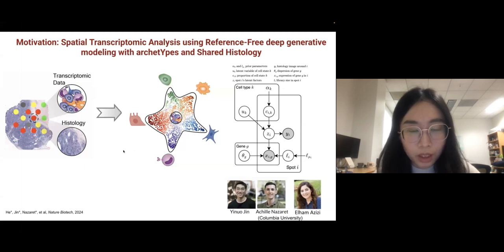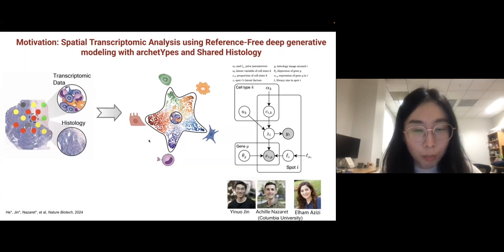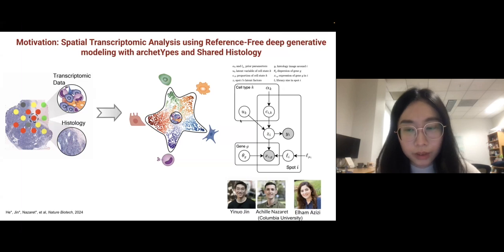This is related to integrating transcriptomic data and histology, and we use that integration to decompose cell types at the spot level of the Visium data. So this is very powerful, but I would say we are only able to get the cell type proportions, and we also use a probabilistic graphical model.